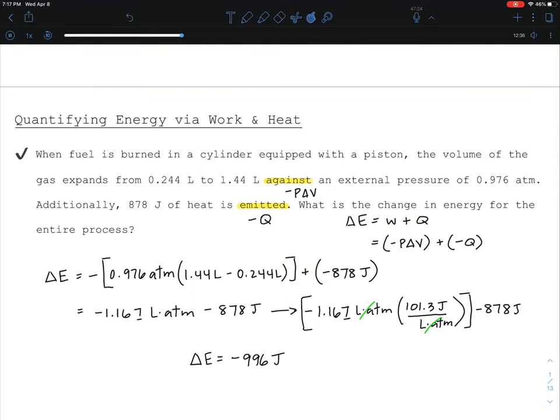The other thing I notice here, though, is when I'm defining the change in energy for the process, I see that it is the sum of the work and the heat. But what is the heat? The heat is just a form of kinetic energy, right? Where does that energy come from? It can't come from nowhere, right? So we have a new concept here to talk about, and that's going to be the enthalpy.